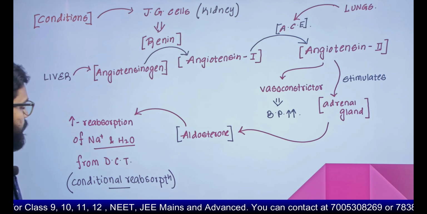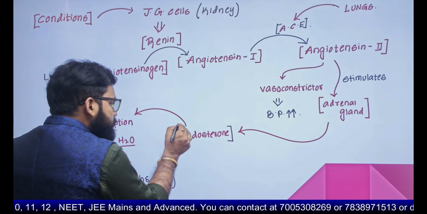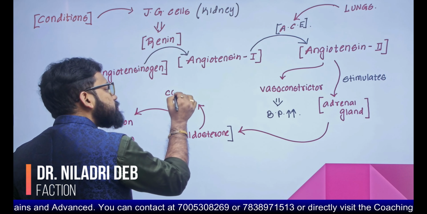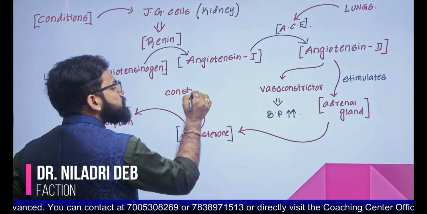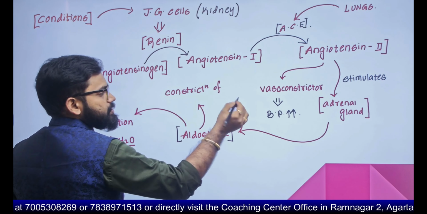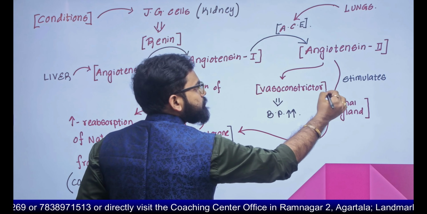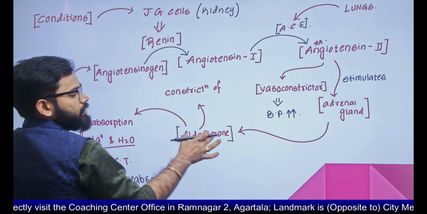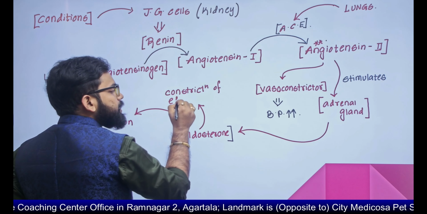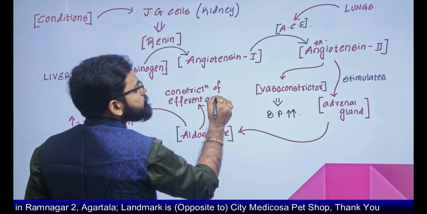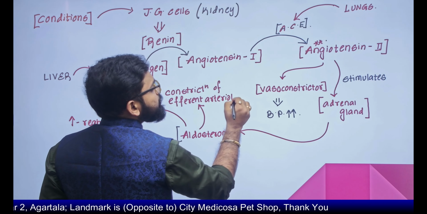Fine. Secondly, it also has another function. It causes constriction of another blood vessel. See, this was also a vasoconstrictor. Which one? Angiotensin 2. It also helps in constriction of a blood vessel called the efferent arteriole. Efferent arteriole will constrict.